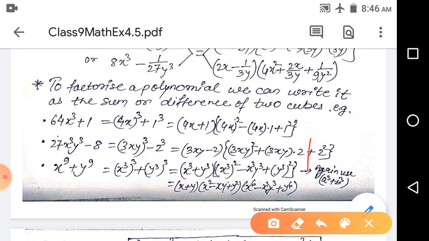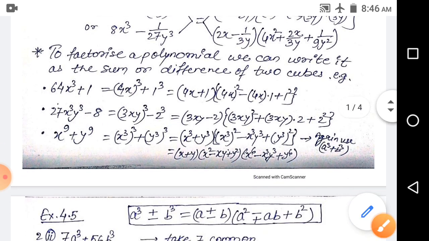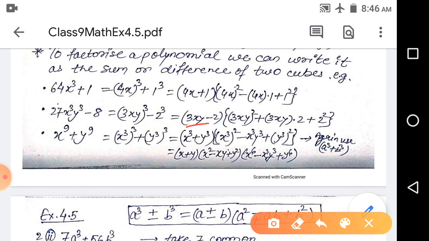See, it is 3xy minus 2, that is a minus b, and it is 3xy square, that is a square, plus ab, this is 3xy into 2, and it is b square, that means 2 square. So this is the factorization.